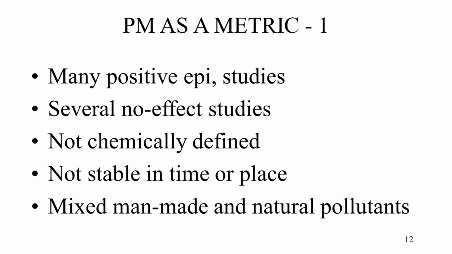I mentioned already that it's the only substance that we regulate that's not chemically defined, and it's not stable over time and place. I mentioned that, and I've mentioned that it's a mixed pollutant, natural, anthropogenic, and then the combination of the two leads to that third level of pollutants.